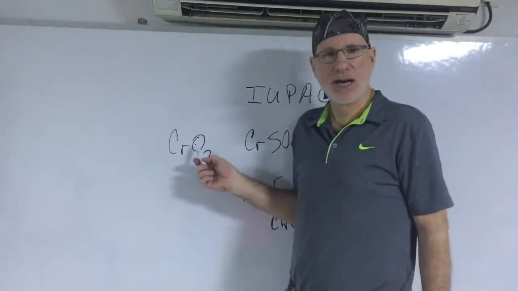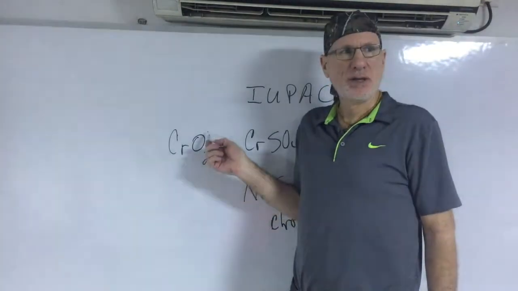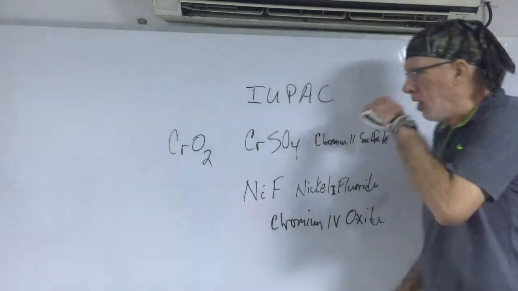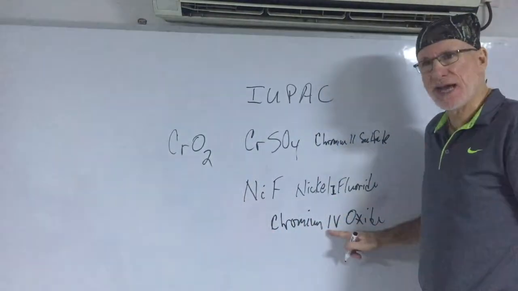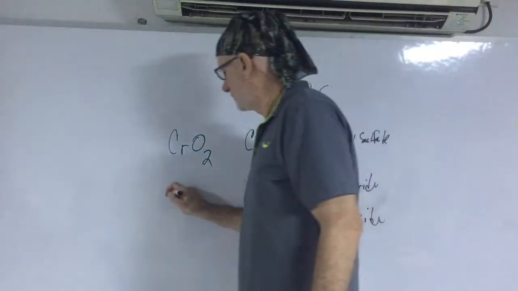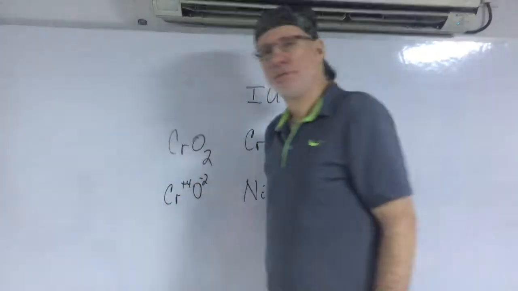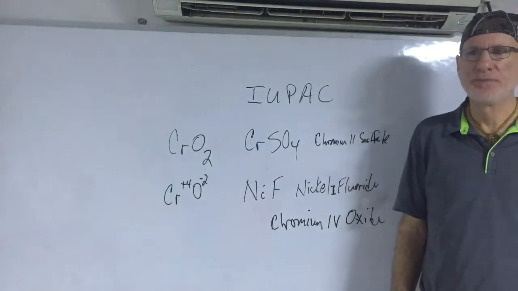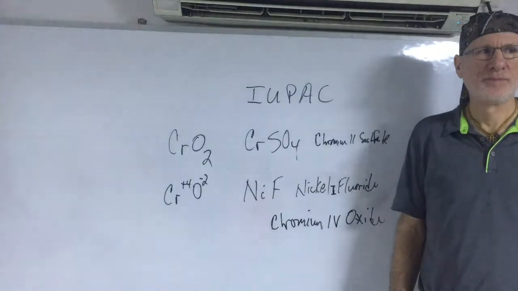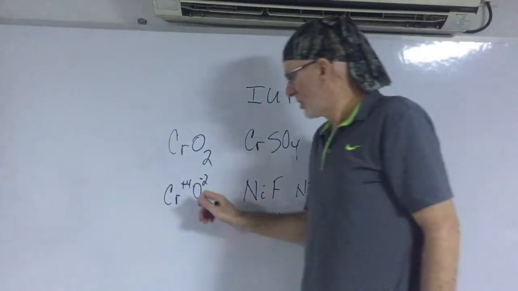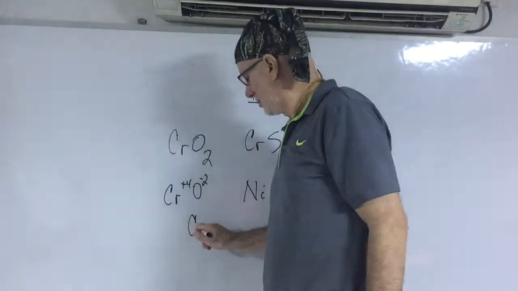It's -2, right? Oxygen's -2. So I need -4. Because this says that, doesn't it? Yeah. So I need 2 -2s. And 2 plus 2 is.